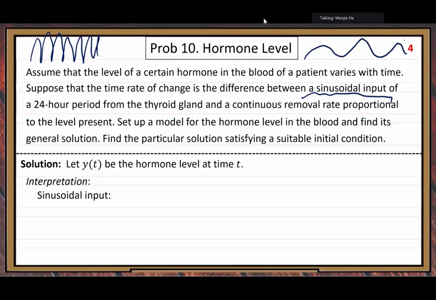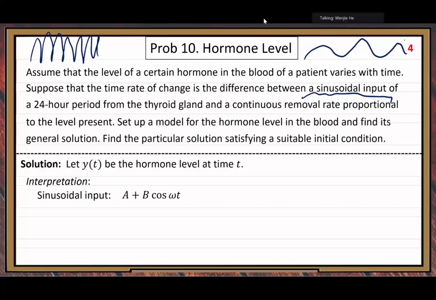We do not know that information at this point, so we need to use a few unknown parameters. Later we need to determine them: capital A, capital B, two parameters, and little omega inside. Here we use the cosine function. Cosine and sine have the same shape, so you can use the sine function if you like.